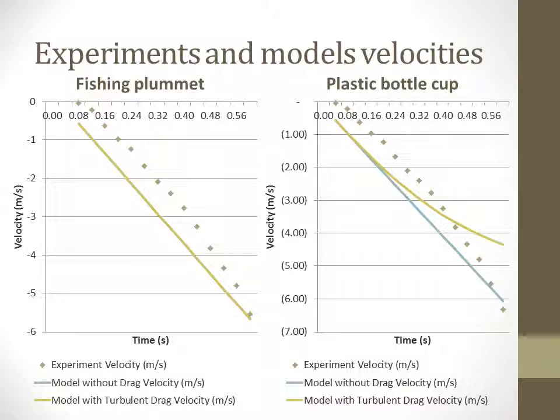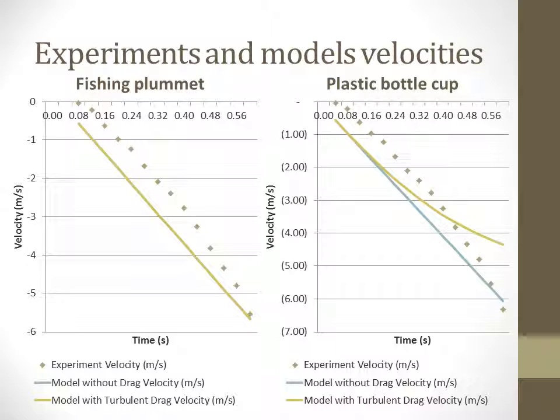And here is the velocity of the model and the experiment in the case of the plummet and the bottle cap. As you can see, in the case of the plummet, the velocity in the experiment is always less than the velocity of the model until the very end of the period.